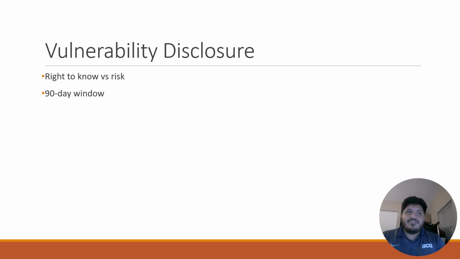In this instance, what I would recommend is the 90-day window: 90 days to develop, test, and release a security patch, and then public disclosure after that. So the important part is the right to know versus what is at stake, and being able to balance that.